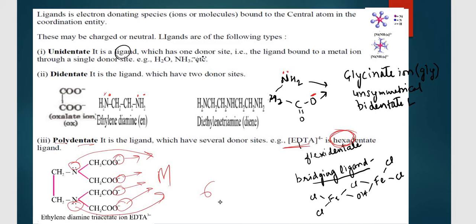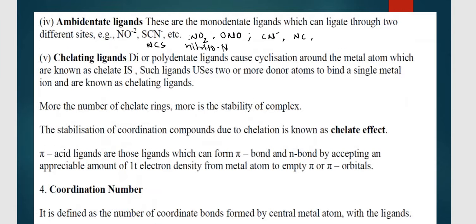Now, depending upon the requirement of the metal, it can donate from 2 sides or 3 sides or 4 sides or 5 sides. So we also call it flexidentate because it is flexible in donating the electrons. Then we have the ambidentate ligand. Ambidentate ligands are unidentate ligands, but they can attach from two sides.